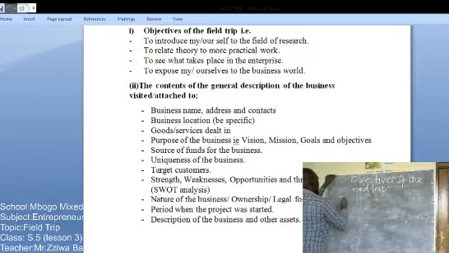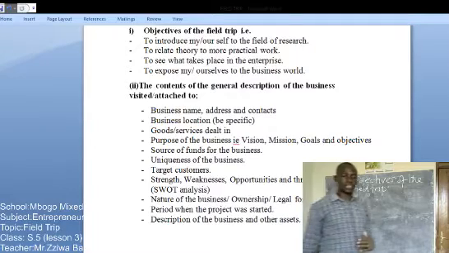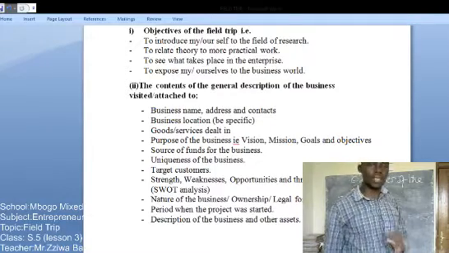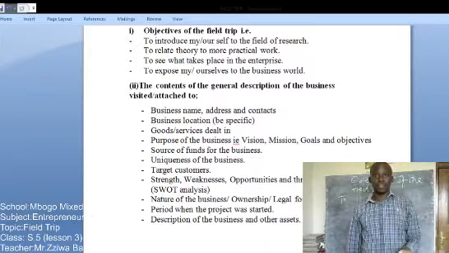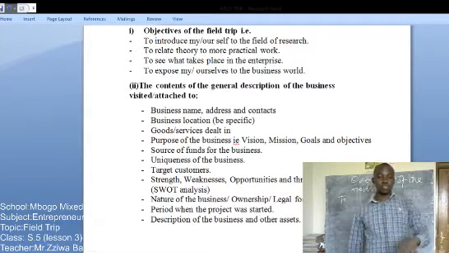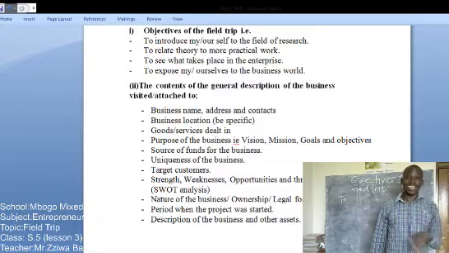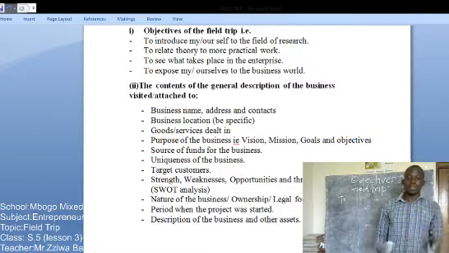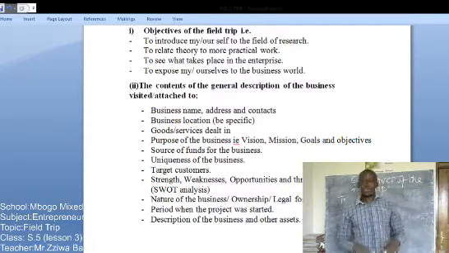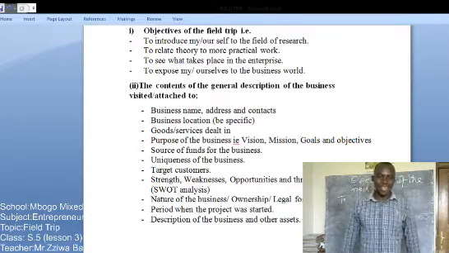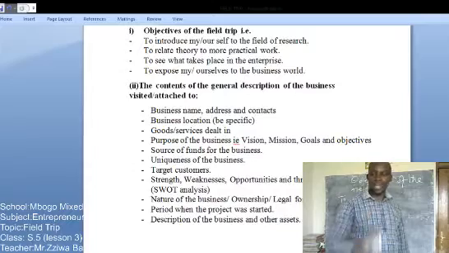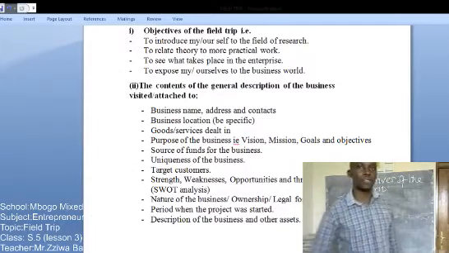Field trip has got a number of objectives, okay? But in these objectives, one must be smart enough. The objective is supposed to be specific and clear. It is not a matter of stating any given objective that will come on your way. We have 4 standard objectives for our field trip.